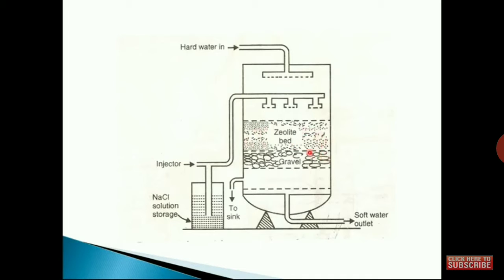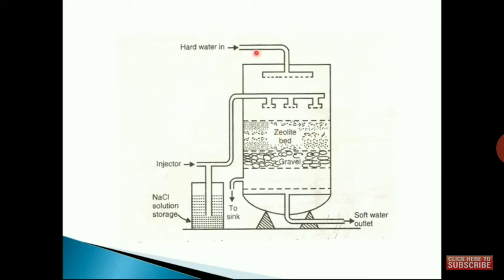And at the bottom you can see the gravels. Gravels, you know, are stones of a little larger size, round shape, beautifully round and smooth. When water flows through it, you can understand here the chemical formula of the zeolite and the honeycomb structure, where the sodium ions are there.